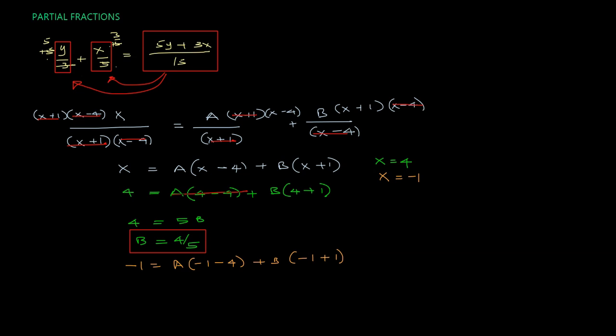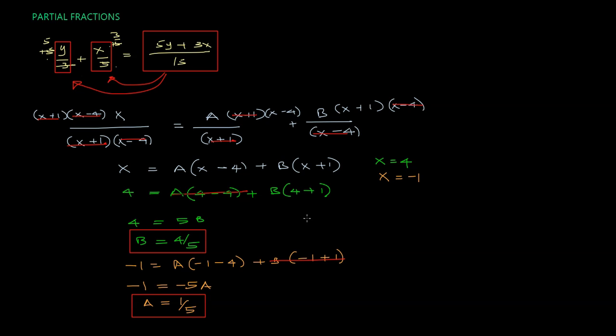Cool. So we cancel out this and we solve for the remainder, which is -1 equals -5a. That is -1 minus 4 equals -5. Therefore, a equals 1/5. That's solved.